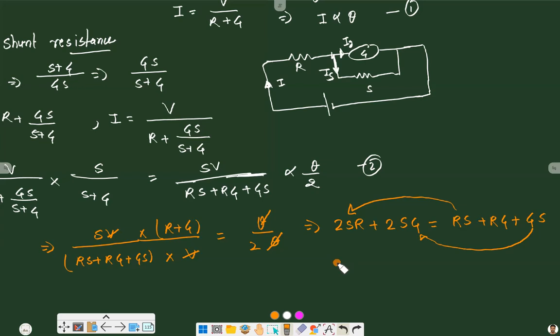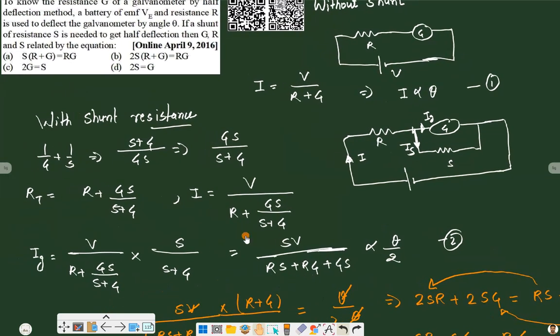We will get SR plus SG is equal to RG, and from these two we can take S common. So S(R plus G) is equal to RG. Now let's compare these. S(R plus G) is equal to RG. So that is our answer here.